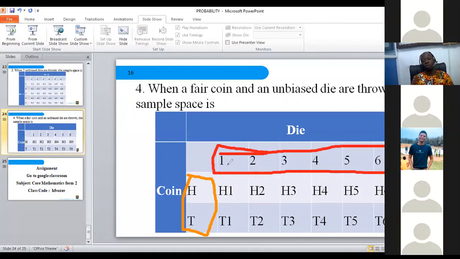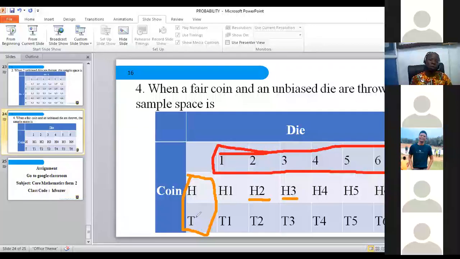Now, if you put them together, this will give you H1, which means that the coin will show head and the die will show 1. This will give you H2, which means the coin will show head and the die will show 2. This will give you H3, the coin will show head and the die will show 3 in that order.